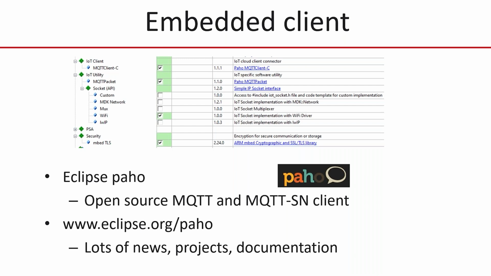So creating a simple IoT node with secure communication is really a matter of selecting the options that we want to use within the runtime environment manager within the Keil tool, filling in the certificates and configuration options, and then we have some very high level functions to call to start our system working.